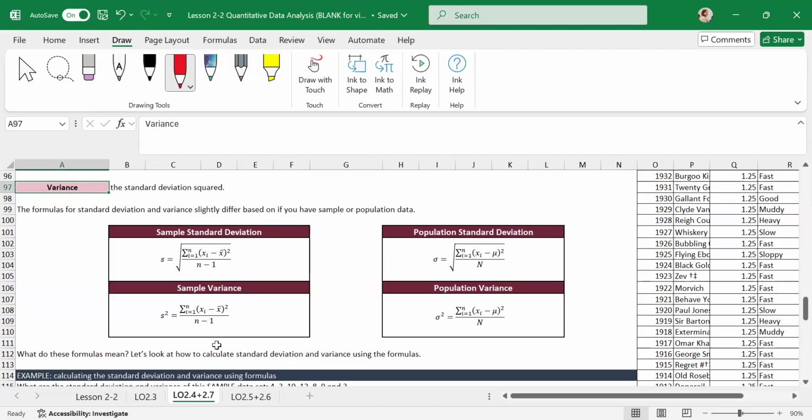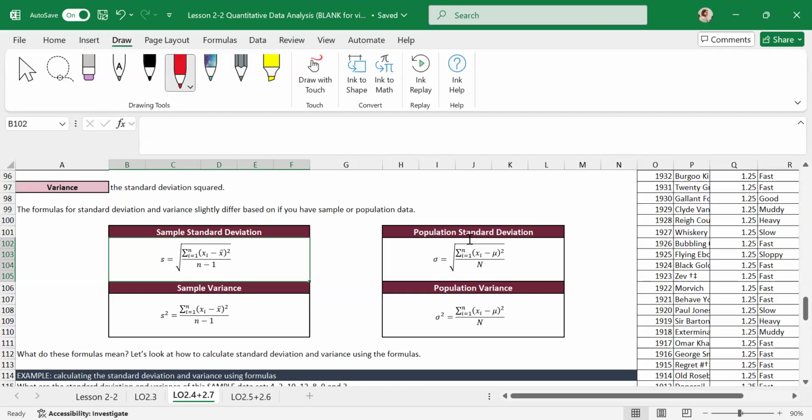For sample data, what you have to do is find how far every single individual value is away from the mean. Then you square that number and add them all together before finally dividing by the number of values in the data set minus 1. The variance is just the standard deviation squared. So once you square it, you get rid of that square root that's around the whole standard deviation.